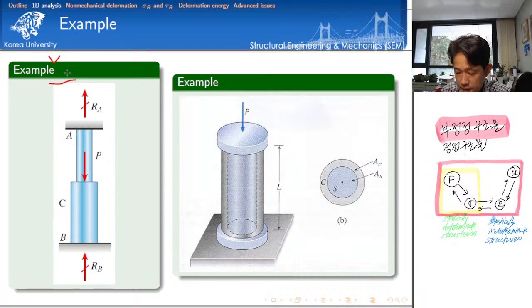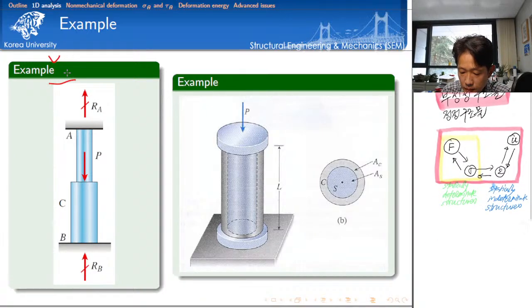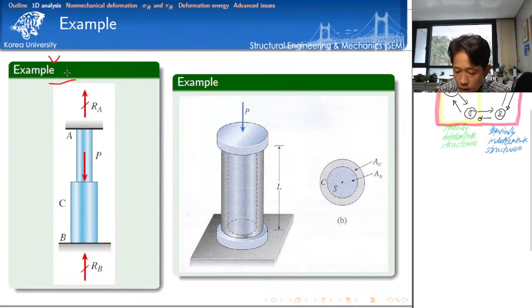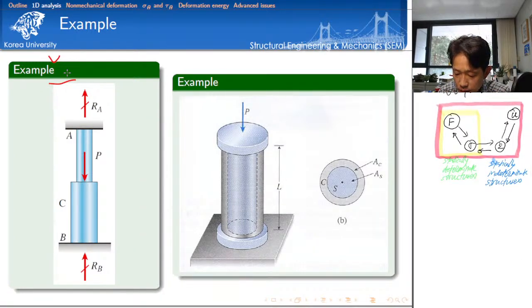So let's consider the first example. To understand this procedure, I want to try to solve this problem by using these three equations as given in my lecture note.